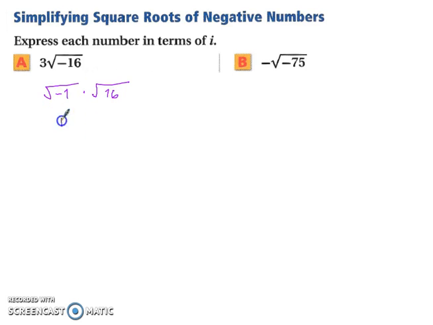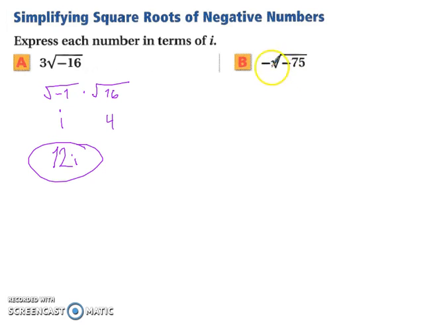The square root of -1 is i, and the square root of 16 is 4. Now we have to deal with our 3. Nothing is underneath the square root anymore. You took the square root of 16, so now it's just 4. You took the square root of -1, so now it's just i. Therefore, 3 times 4 times i is just 12i.